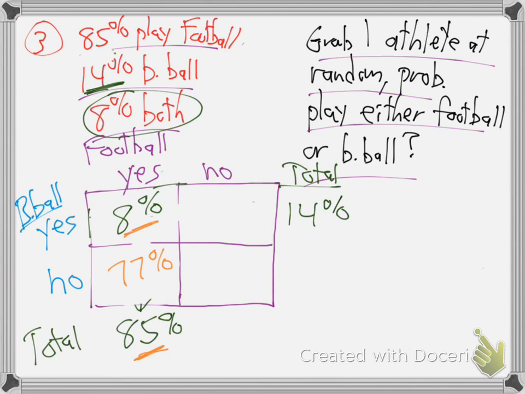Because now those will add up to 85. Everybody see that? And the same thing across. 8% plus what makes 14%? Got to be 6, huh? Is that making sense? Now, what about this box?